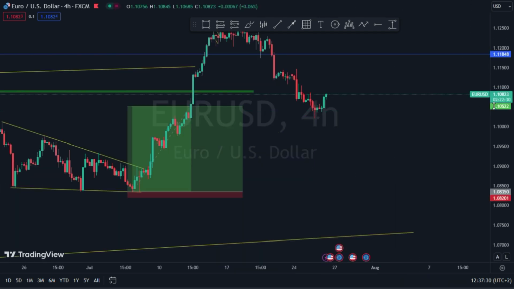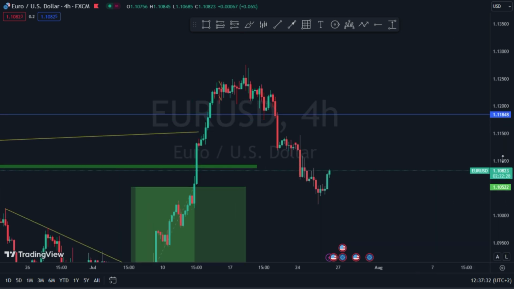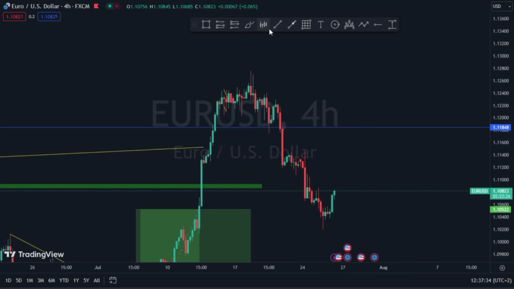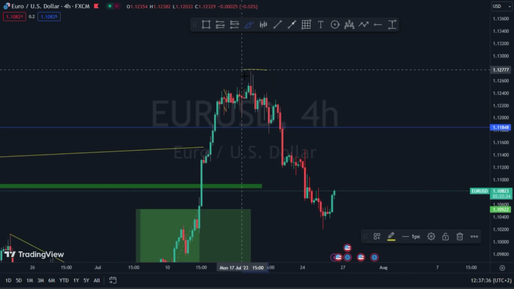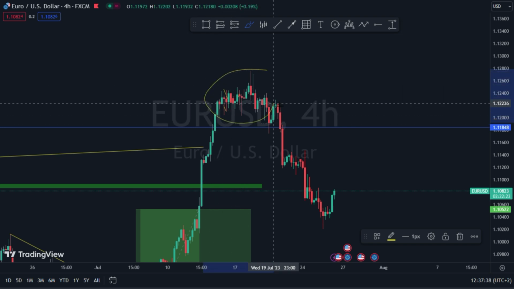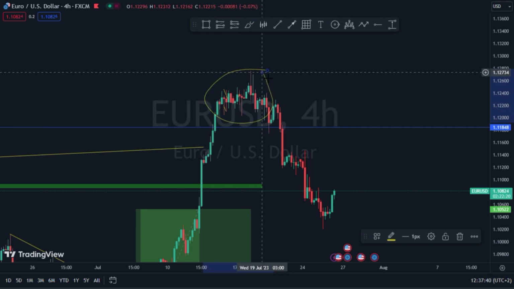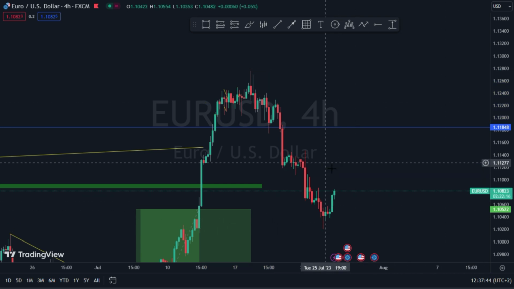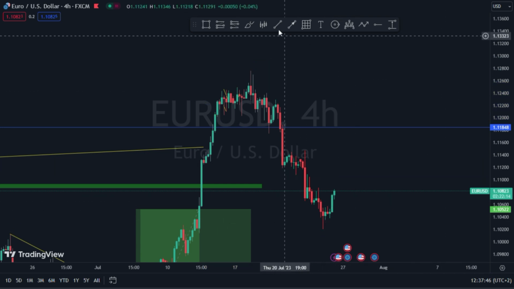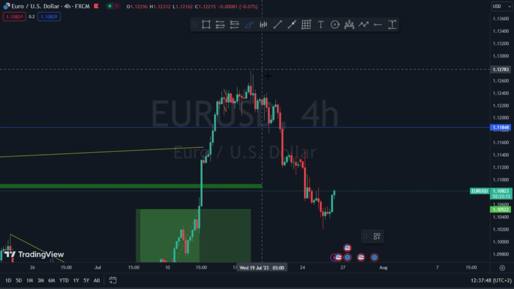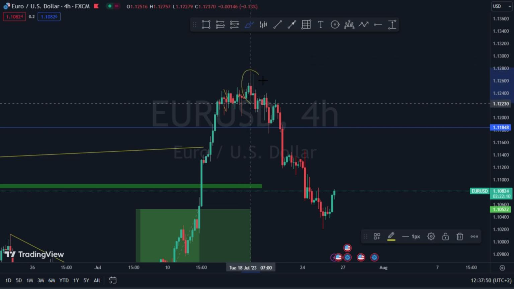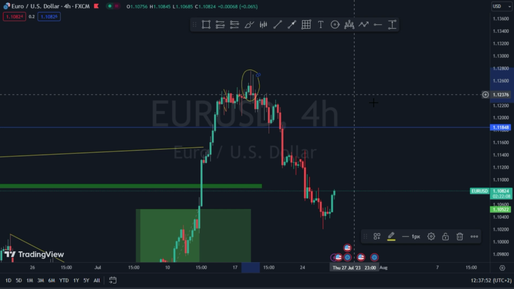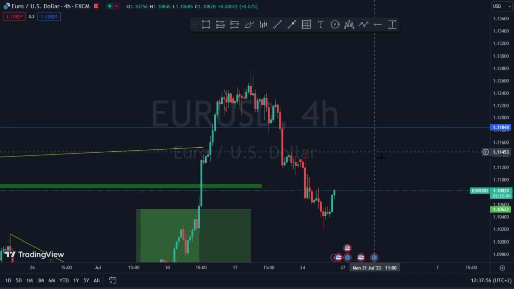The market on the 4 hours time frame also indicated that it is getting exhausted. This whole move is showing signs that buyers are getting tired. So now the sellers are getting ready to push the market lower, because we also have this candlestick pattern right here. So what I'm gonna do now is go onto that 5-minute time frame.